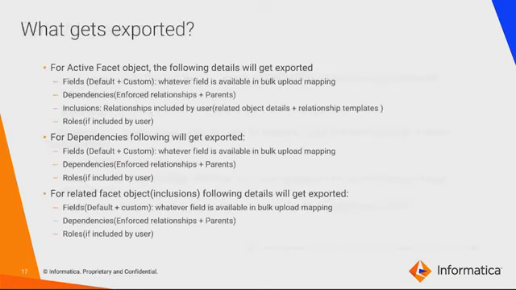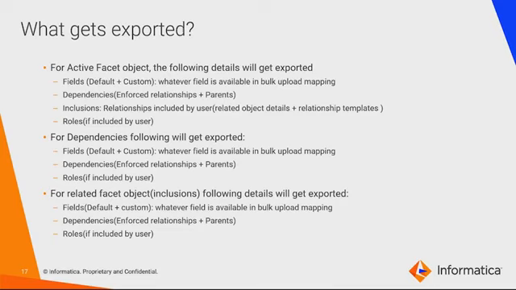So any active facet which you select, it exports all the dependent objects, say the enforced relationships or the parents, and it also includes some of the relationships if you have selected them during the export. Say if you have a data set, a policy or a process, it includes those dependent objects as well. When you're looking at the dependent objects, it also brings in their relationships, enforced relationships, or the parent and child relationship, at least the parent, not the child one.